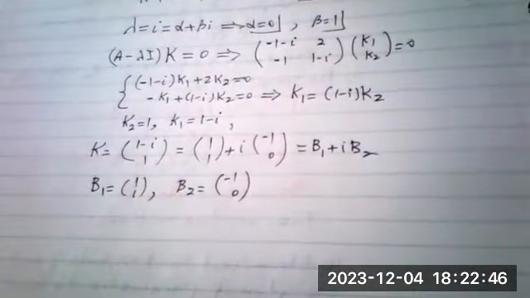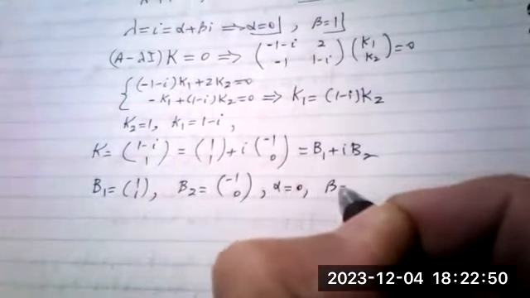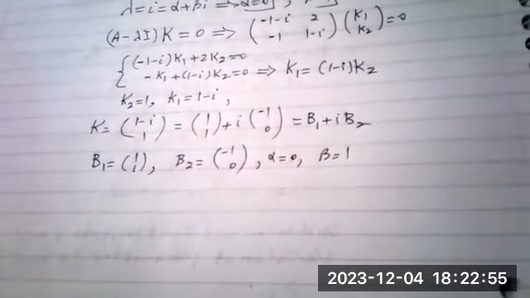Now you write the solutions. Remember, alpha is equal to 0 and beta is equal to 1. Bring the formula that we talked about the other night.